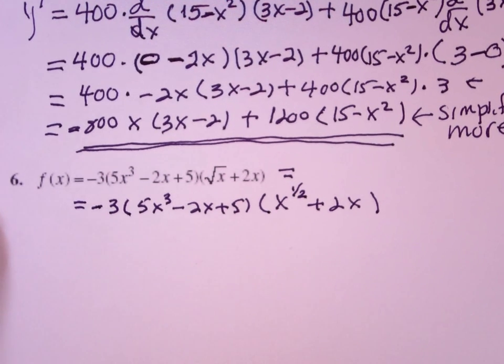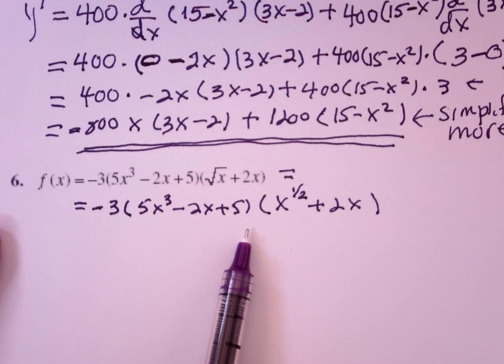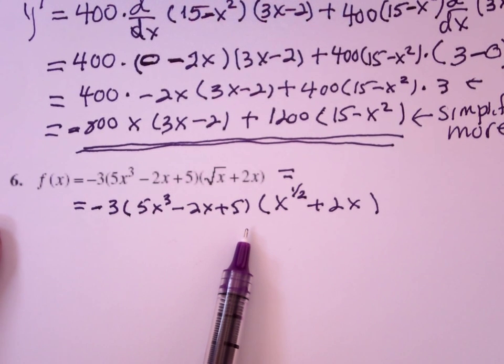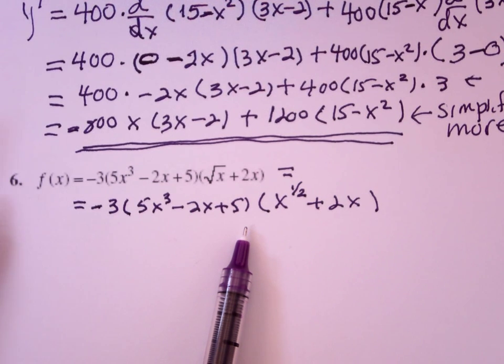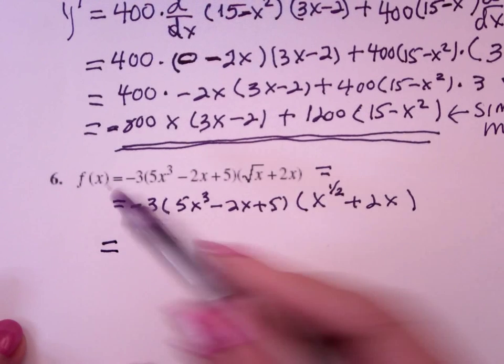Now, if I wanted to save myself some pain, I could multiply the negative 3 through, couldn't I? If I wanted to. Six of one, half a dozen of the other. But we're going to use product rule, so we'll just leave him alone.